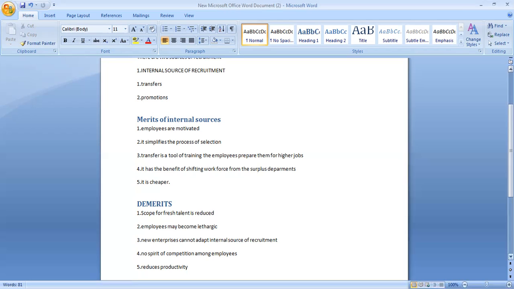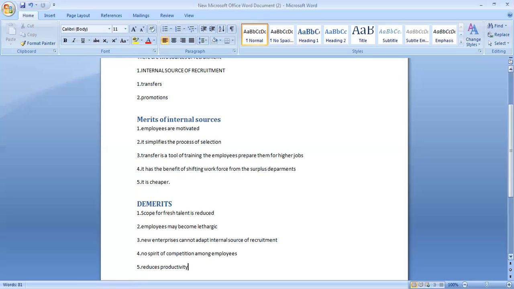This gives the employees a good training concept, so that they become the future managers as they get practice here. When they become a manager tomorrow by getting a promotion, they don't feel any difficulty when new problems arise. So that is also one of the important merits of internal sources.